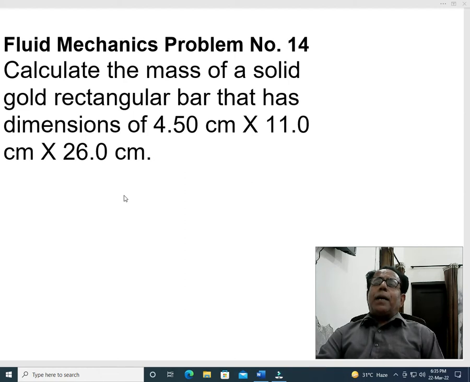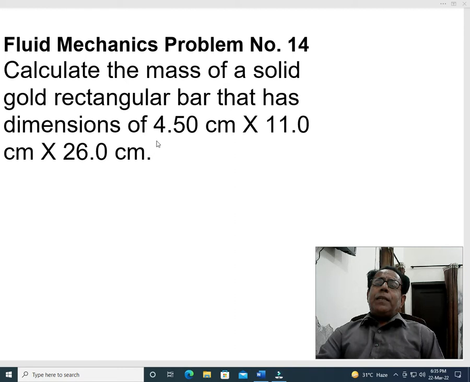Calculate the mass of a solid gold rectangular bar that has dimensions of 4.50 centimeter into 11.0 centimeter into 26.0 centimeter. Quite simple, quite easy.